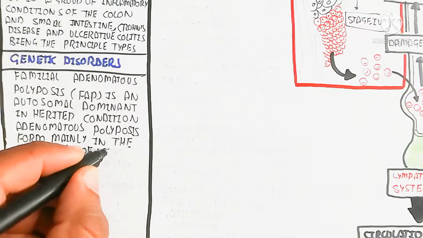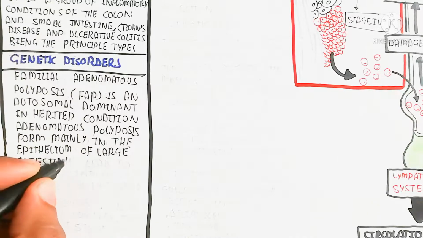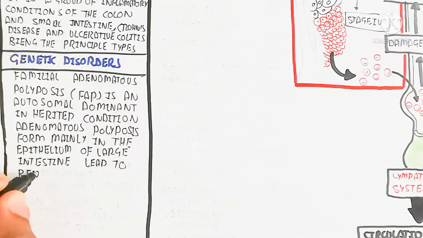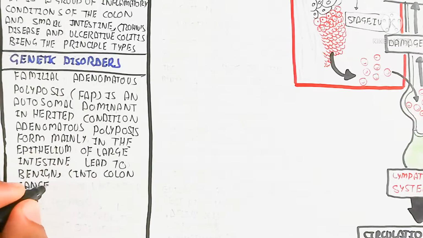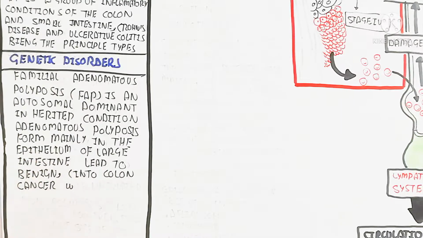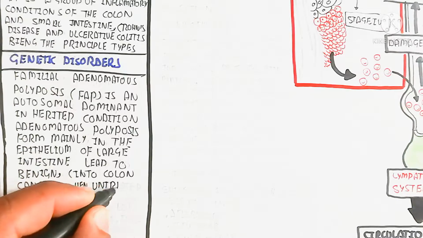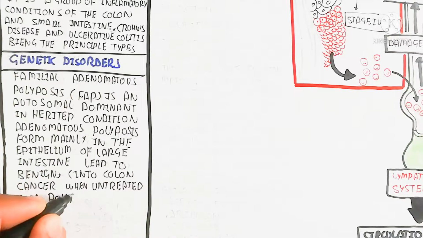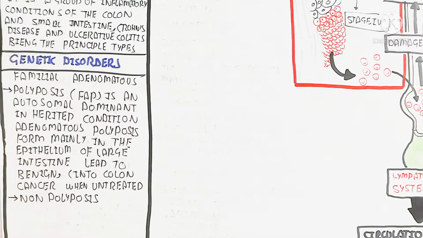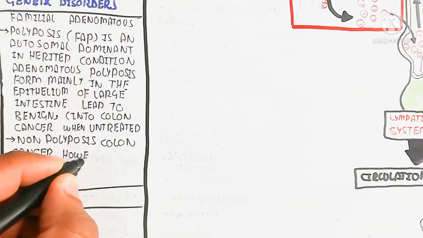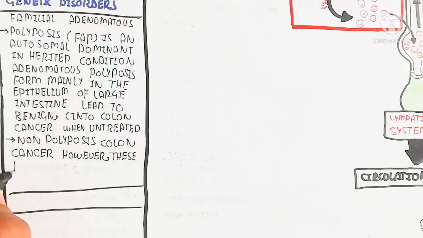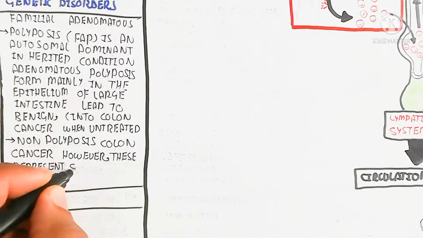Adenomatous polyposis forms mainly in the epithelium of the large intestine and leads from benign to colon cancer when untreated. Non-polyposis colon cancer represents 5% of cases, while the major cases of polyposis are FAP, familial adenomatous polyposis.